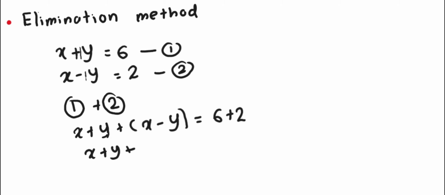Plus y and minus y get removed, and x plus x is 2x. 2x equals 8. So what is the value of x? This is a simple equation. Multiply to go to the other side.